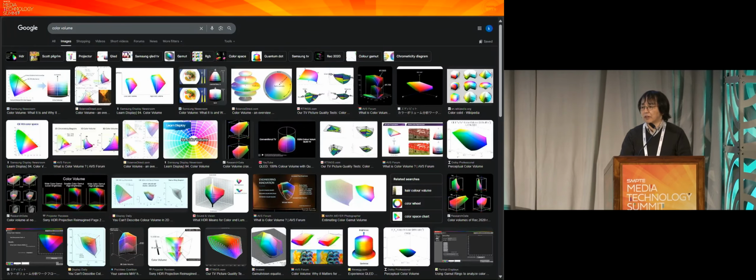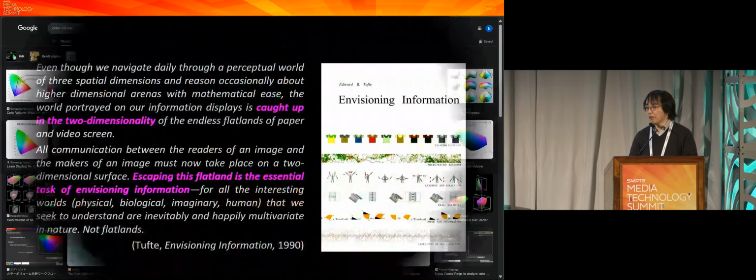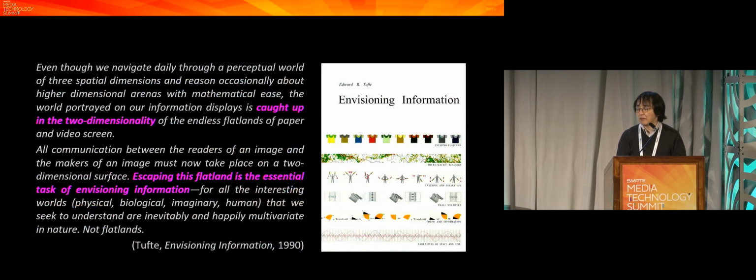This shows Google image search results on color volume, and we can see many different types of 3D renderings. It's worse than the RGB triangle. So it reminded me of the epigraph by Tufte.